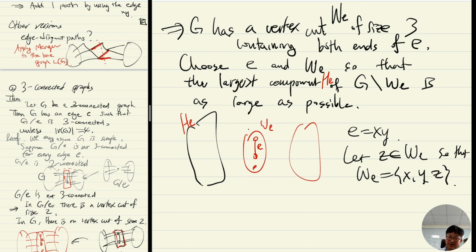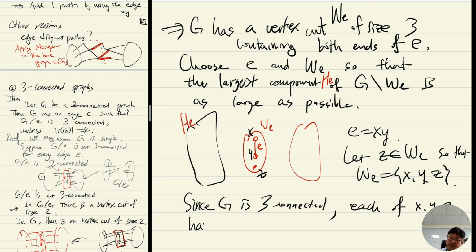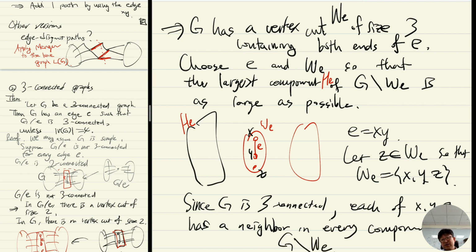Now this is X, this is Y, this is G. Since the graph is 3 connected, each of X, Y, G has a neighbor in every component of G delete WE, because, for instance, if one doesn't have a neighbor in HE, then the other two will be a separator of size 2. That's not possible.